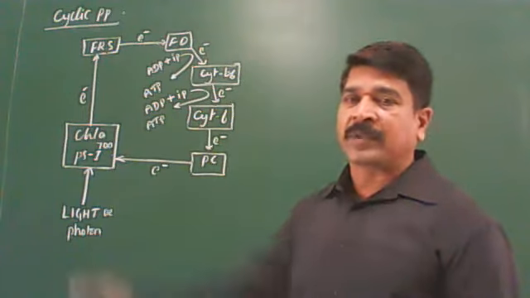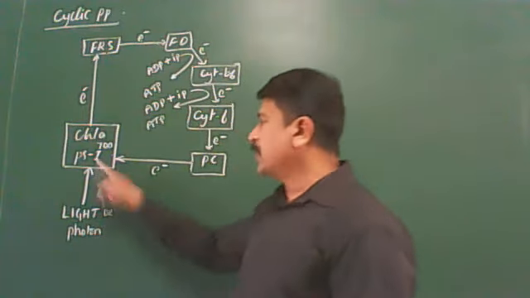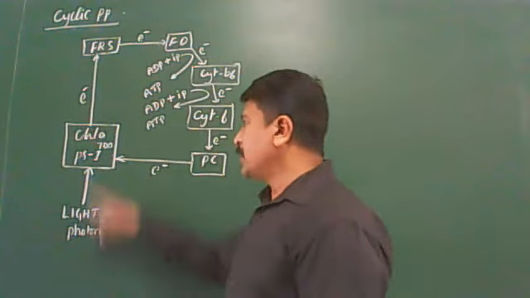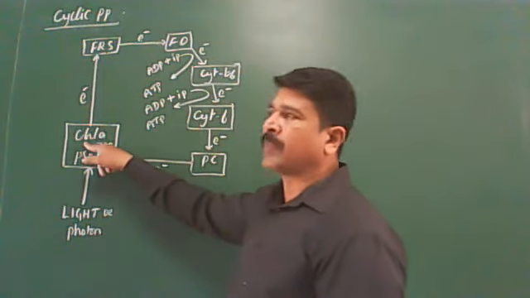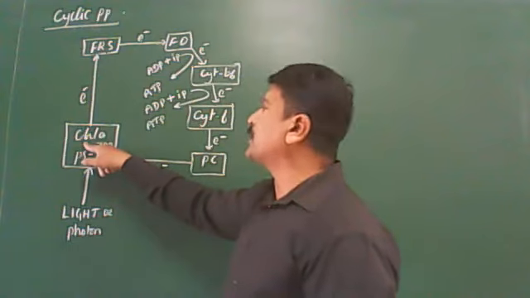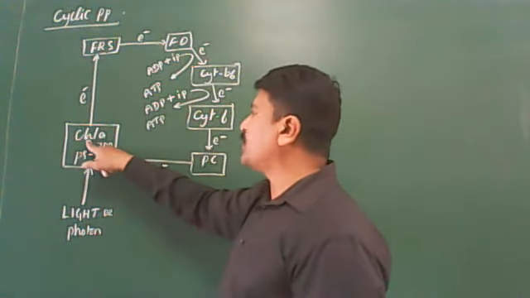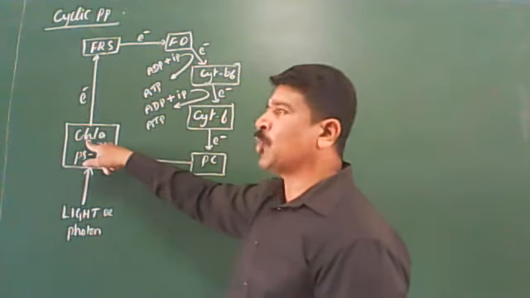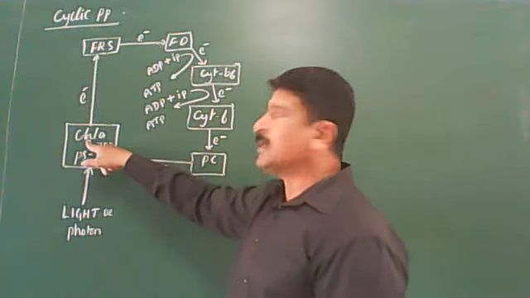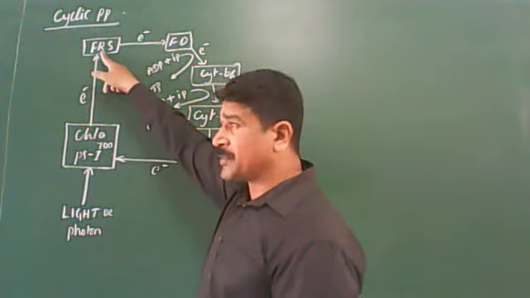Okay, now let us come to the explanation. The accessory photosynthetic pigments of PS1 absorb light or photon, transfer to the reaction center containing chlorophyll P700. As a result of this, it becomes excited and ejects energy-rich electron. With the loss of electrons, it becomes oxidized, and an electron gap or hole is created in its reaction center. The ejected electron is accepted by ferredoxin reducing substance.